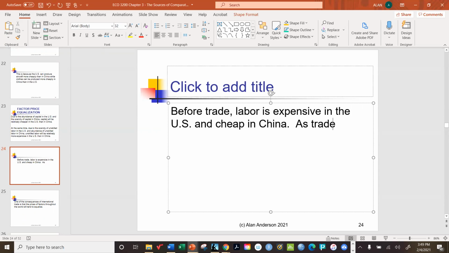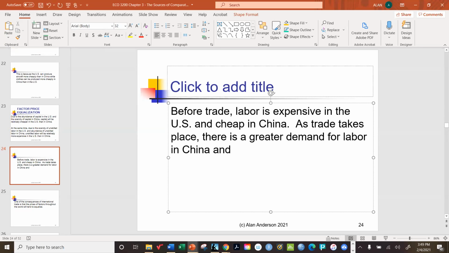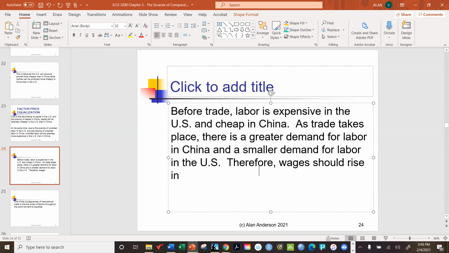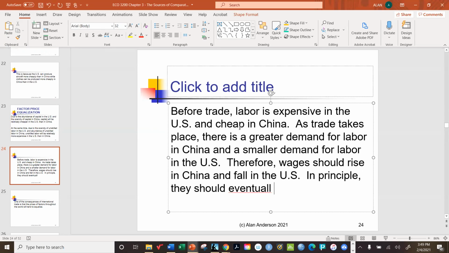As trade takes place, there is a greater demand for labor in China and a smaller demand for labor in the US. Therefore, and this is where this theory is going, wages should rise in China and fall in the US. In principle, they should equalize. They should eventually be equal to each other, at least in this industry.